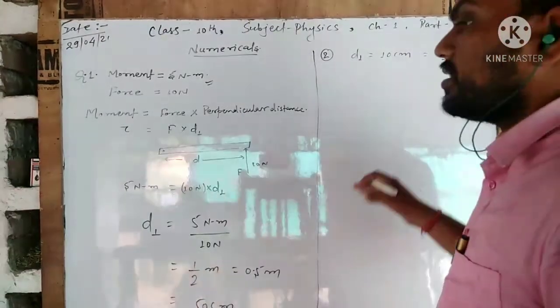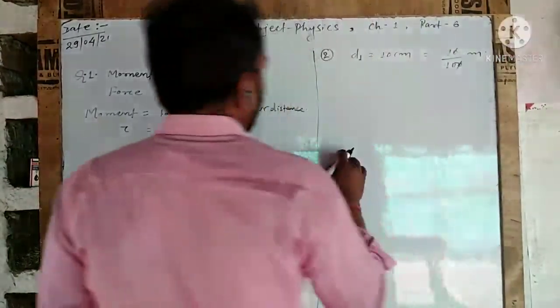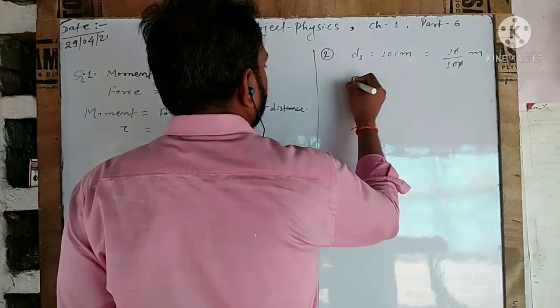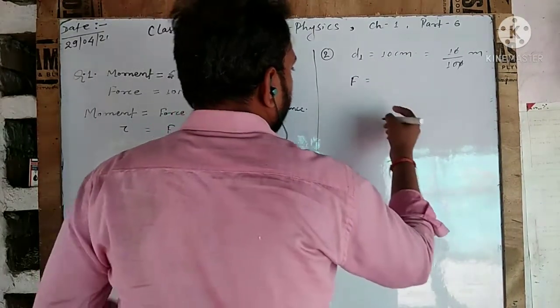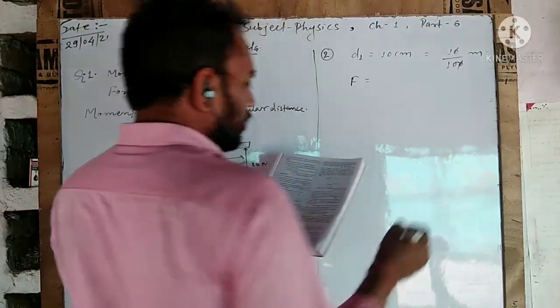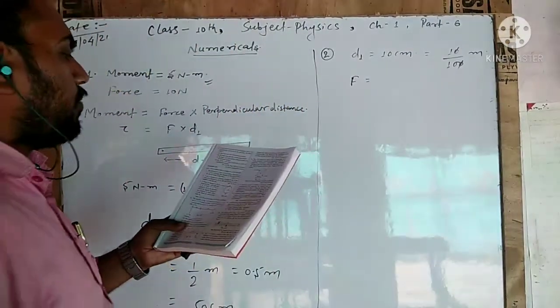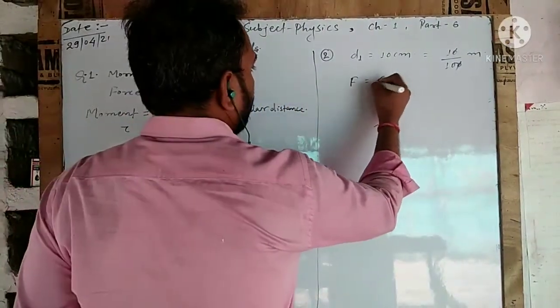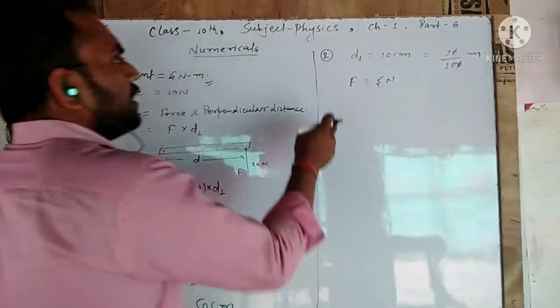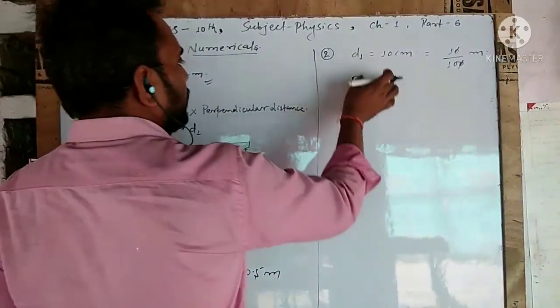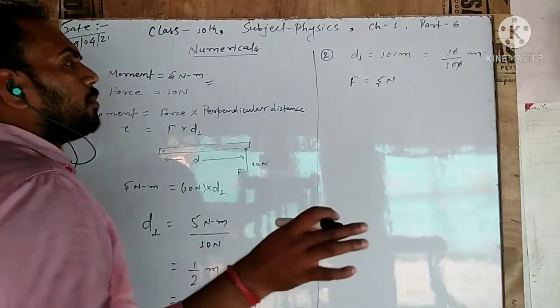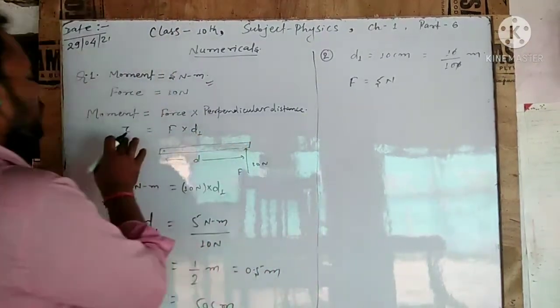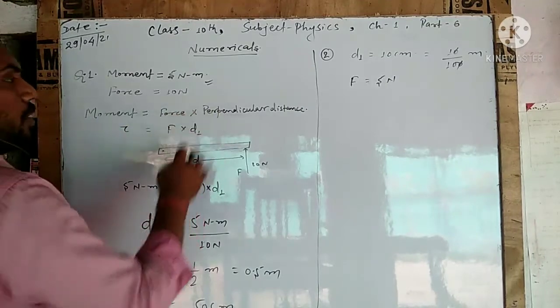It is simply given that the least force is 5 Newton. Force is given, not moment. Perpendicular distance and force are given, and it is asking about the moment. We have studied that moment is equal to force into perpendicular distance.